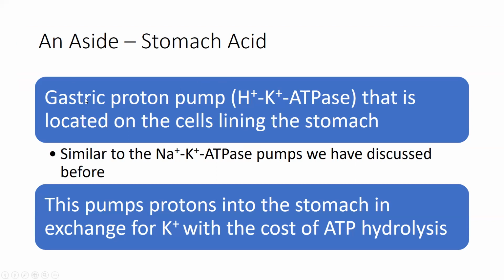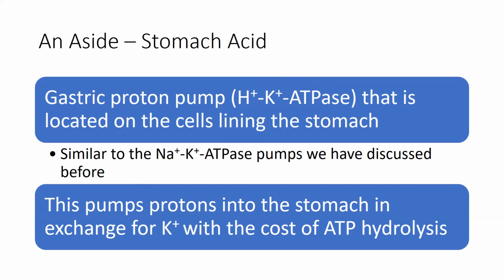On stomach acid, the gastric proton pump, the hydrogen-potassium ATPase, meaning it's exchanging hydrogen and potassium, and it's using energy to do its job. It's located on the cells lining the stomach. It is very much like the sodium-potassium ATPase pumps we've discussed previously, but its job is to pump protons, hydrogen ions, into the stomach, and it takes in potassium and it uses energy.